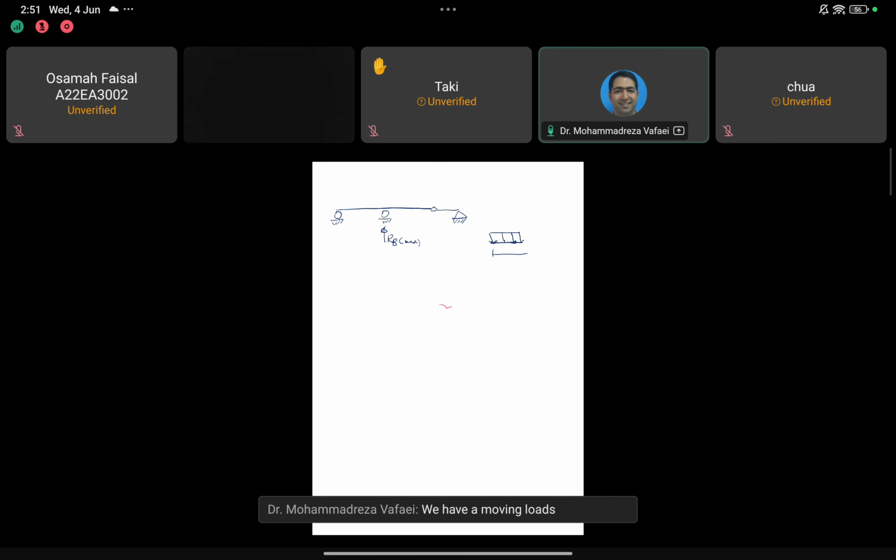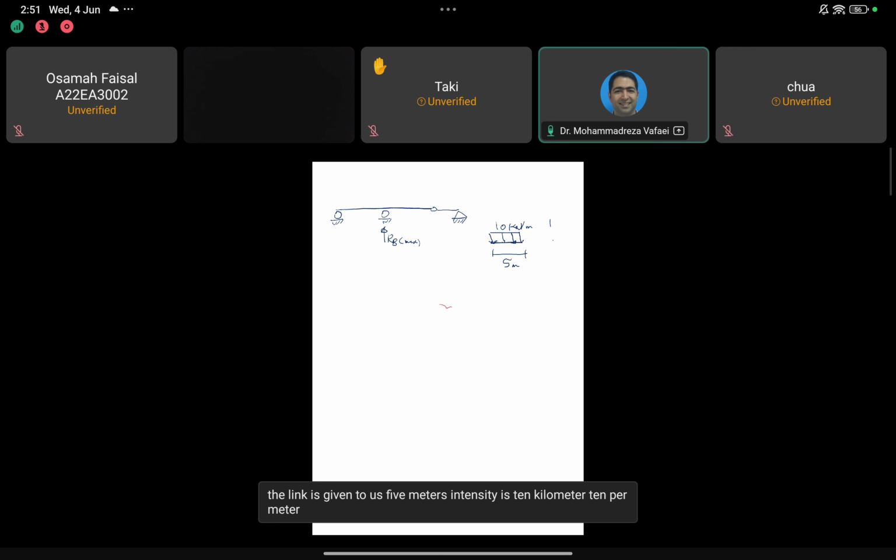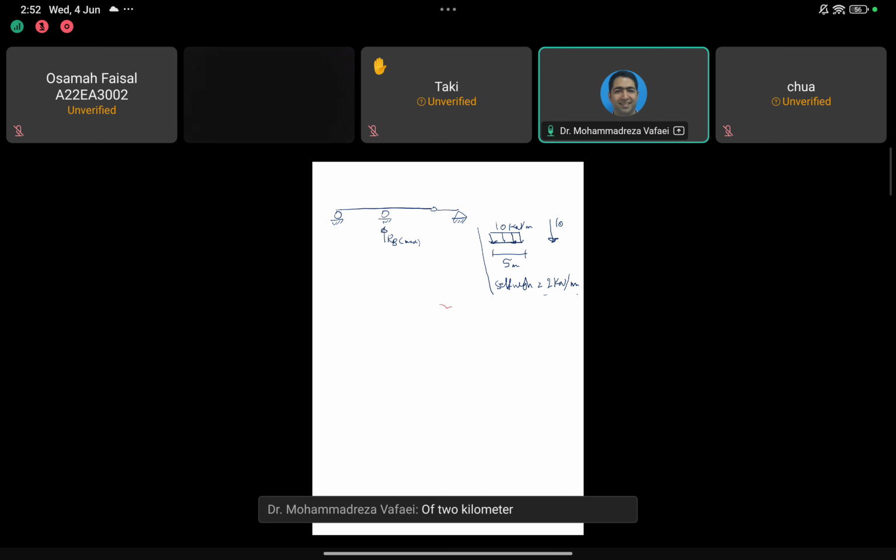Let's say the length is given to us as 5 meters. Intensity is 10 kilonewton per meter. We have a single point load. Intensity is 10. And this one is moving. And let's say we have self-weight of 2 kilonewton per meter. So anywhere you hear about self-weight, that means all over the span. Okay?